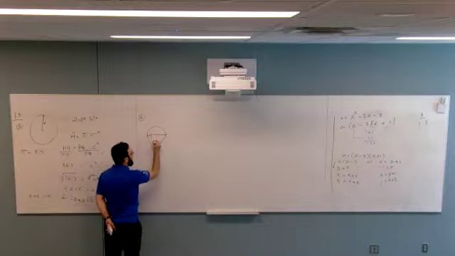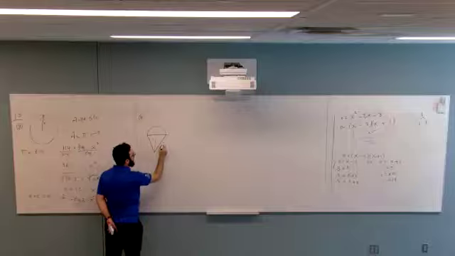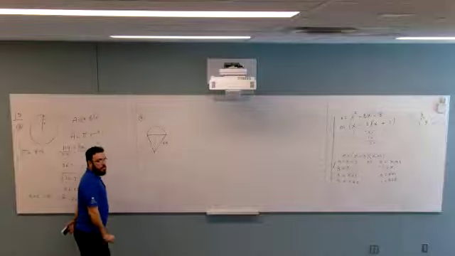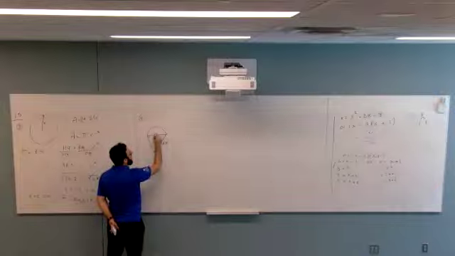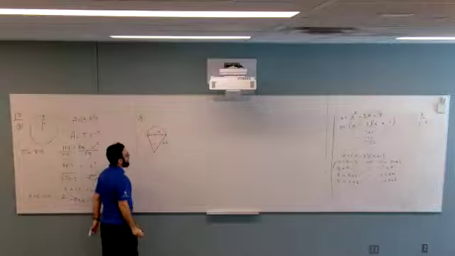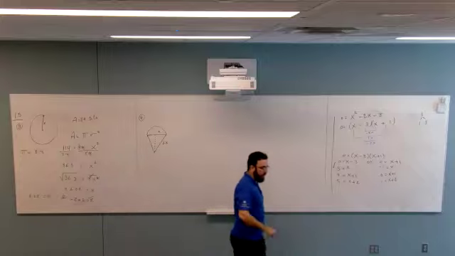So the height of the triangle, I'm going to say is 3. If we say x, how much is going to be the height of this half circle? 1x. Okay, perfect. Write down x here. Keep going.